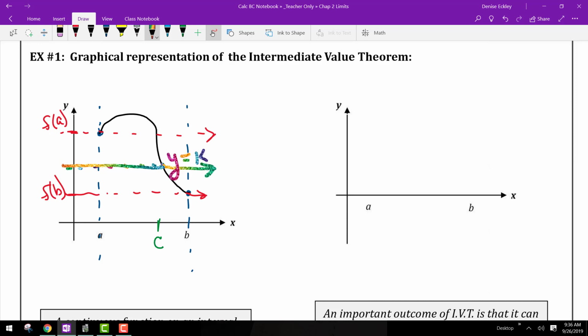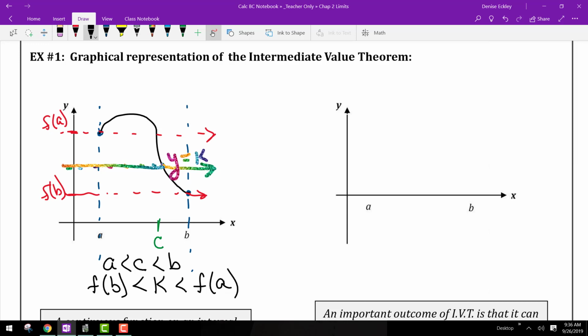So in this situation, we have that a is less than c, which is less than b, so f of b is less than k, which is less than f of a. So in this case, f of a is a larger y value than f of b.